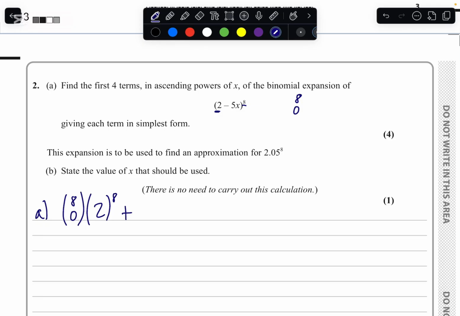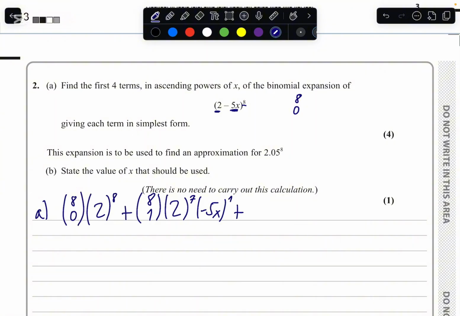Then you'll say plus, and then the second term you will do 8 choose 1. Then you will multiply it by the first term again, but to 1 power less than the previous one. So in this case, 8 minus 1 is 7. And also you will multiply it once more by the final term here, which is minus 5x to the power of 1.